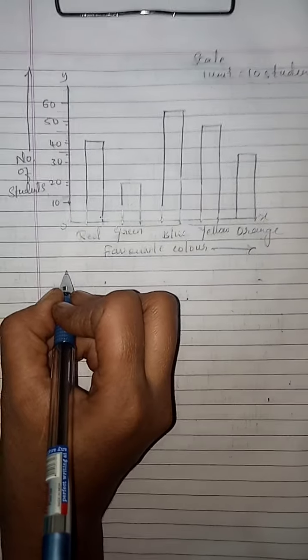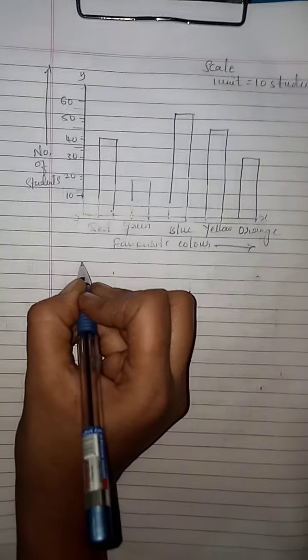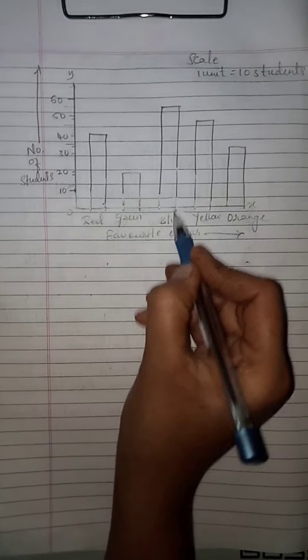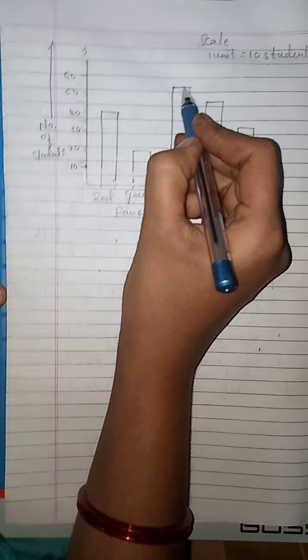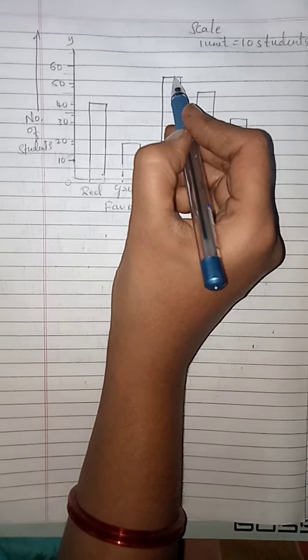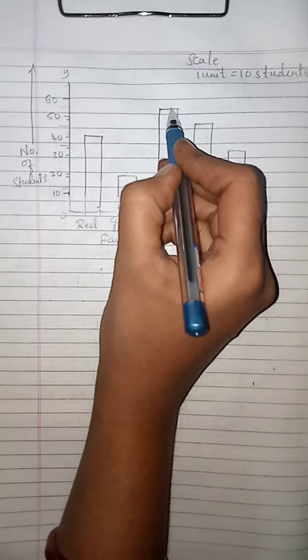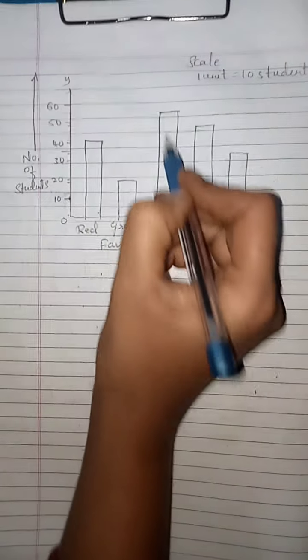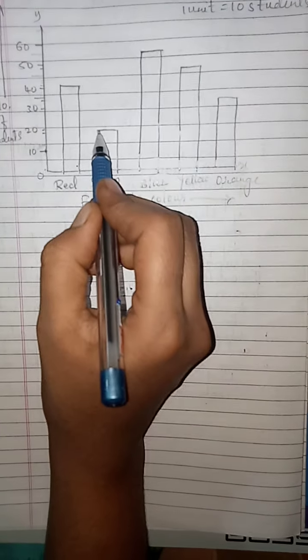See, children, they have asked some questions there. Which is the most preferred color and which is the least preferred? By seeing the graph you can say blue is the most preferred color. 55 students like the blue color, so blue is the most preferred, because the bar representing blue is the tallest here. And which is the least preferred? By seeing the graph only you can say green is the least preferred.